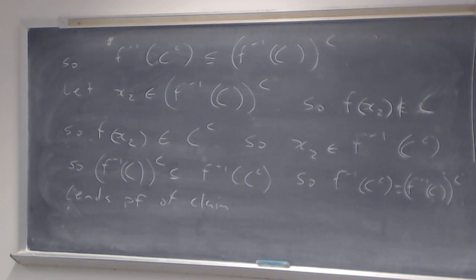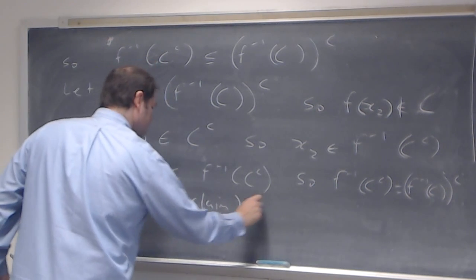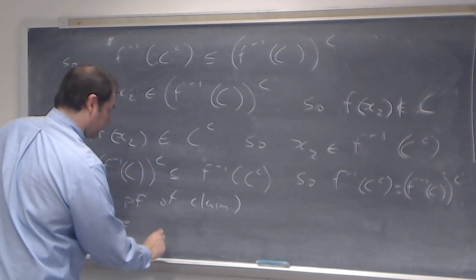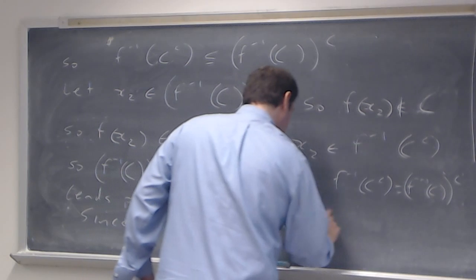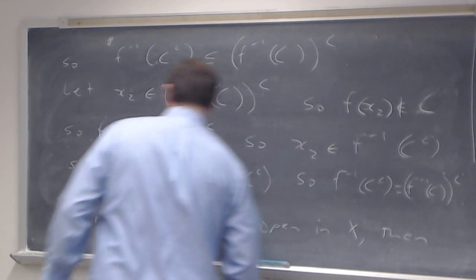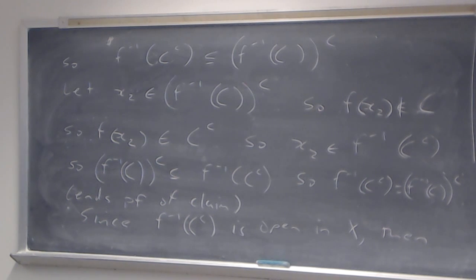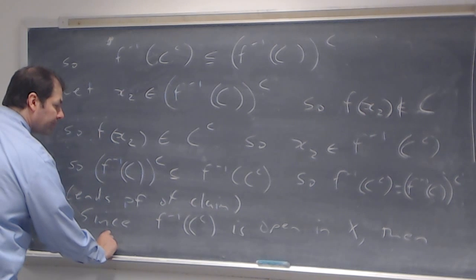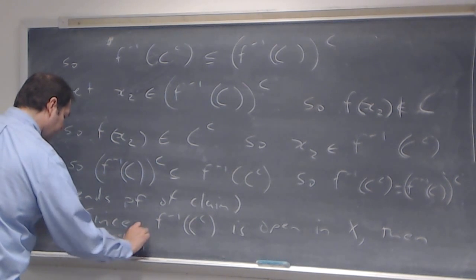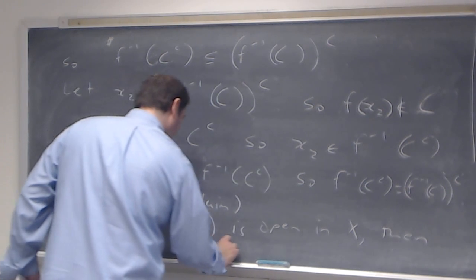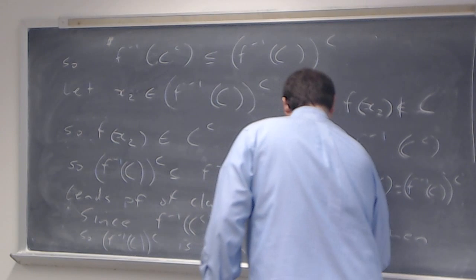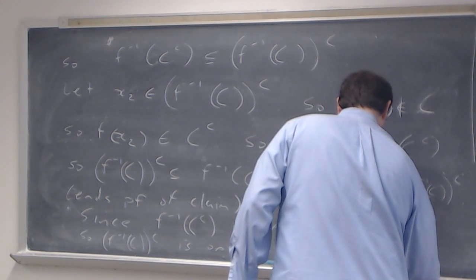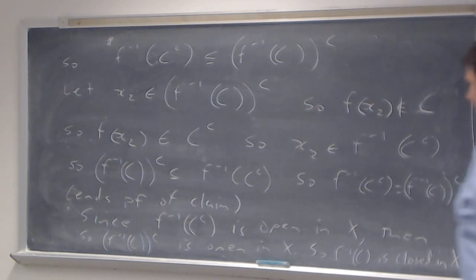Okay, so what do we know? What we know is since we've shown that F inverse of C complement is open in X, that means F inverse of C, its complement, which is the same as this guy, is open in X. Well, if that set is open in X, its complement is closed in X. And its complement, F inverse of C, is closed in X. And that's what we wanted to show for that direction of the proof.